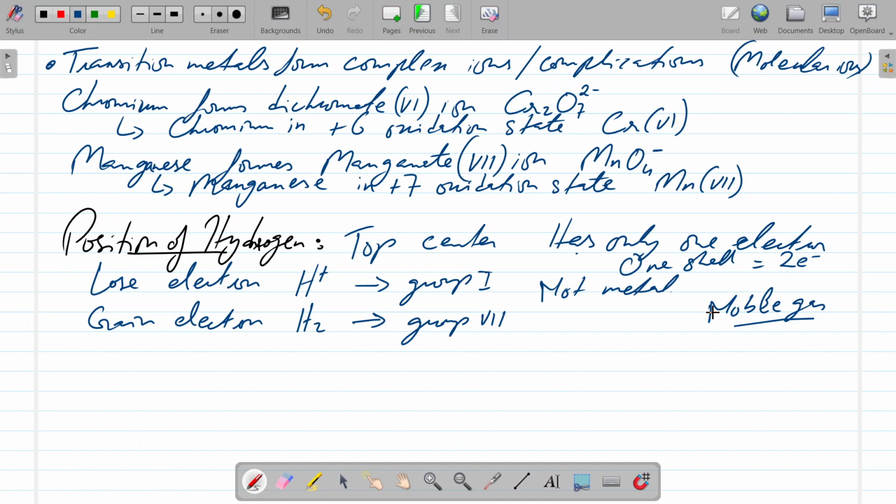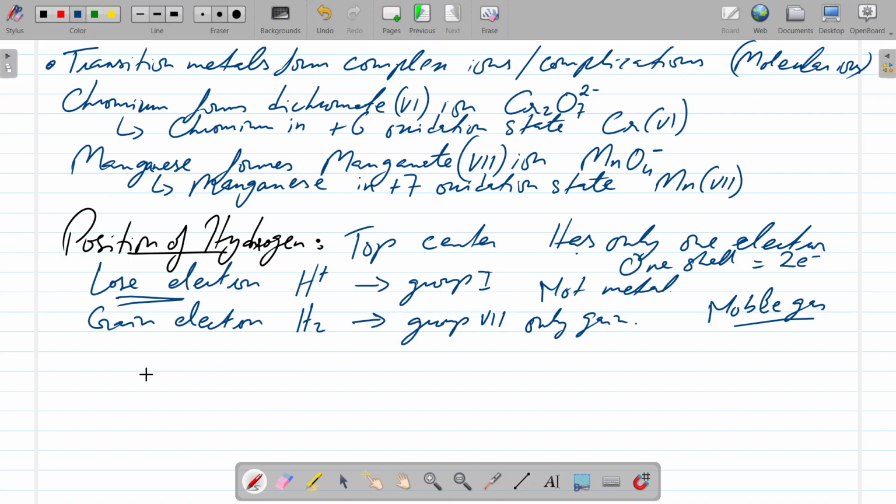It can't fit in group 1, even though it has only one electron, because it's not a metal. It can't fit in group 7 because, although it can gain an electron and is a gas, group 7 elements only gain electrons, and hydrogen can lose it as well.